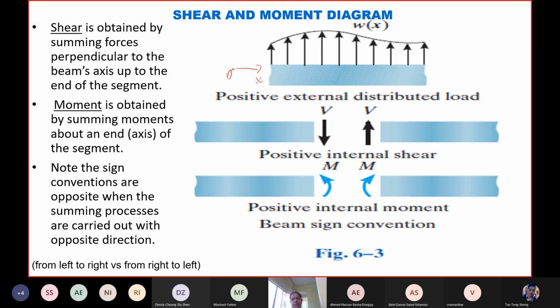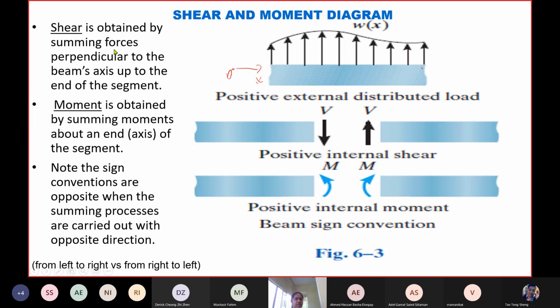Keeping this as origin, from here to here the X value will be varying and the load will be equivalent to this much. So positive external distributed load like this, and then considering shear force acting downward as positive and upward as negative. Similarly, the moment also you can keep as positive internal moment, and depending on the location, whether it's clockwise or anti-clockwise, you can use it.